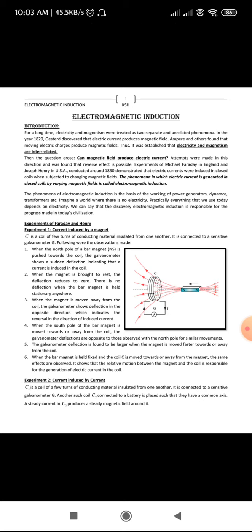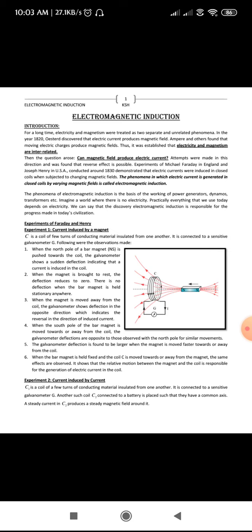As you know, in the ancient days they thought that there was no relation between the magnetic field and the electric field. Later the scientist called Oersted discovered that electric current produces a magnetic field.